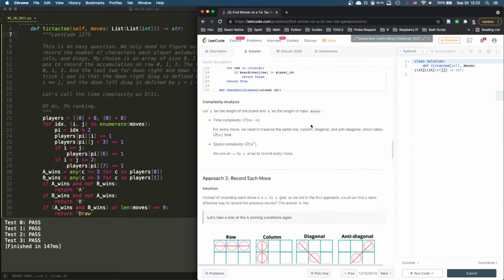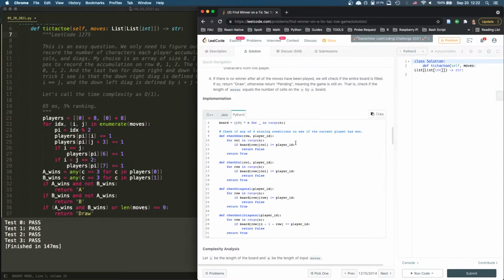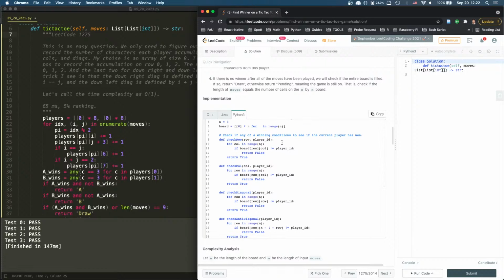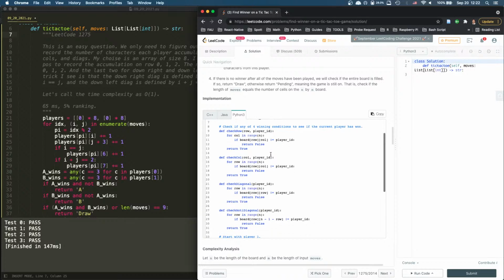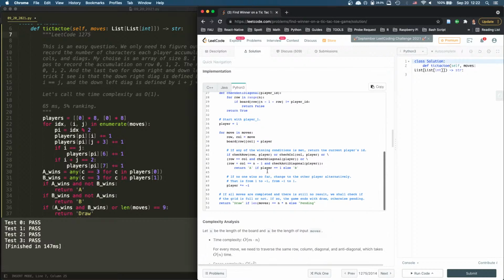Let's just see the brute force. Get a board, check row. They put player ID in it. The current player has 1, right? For each row, for each column, check diagonals, and then we check.